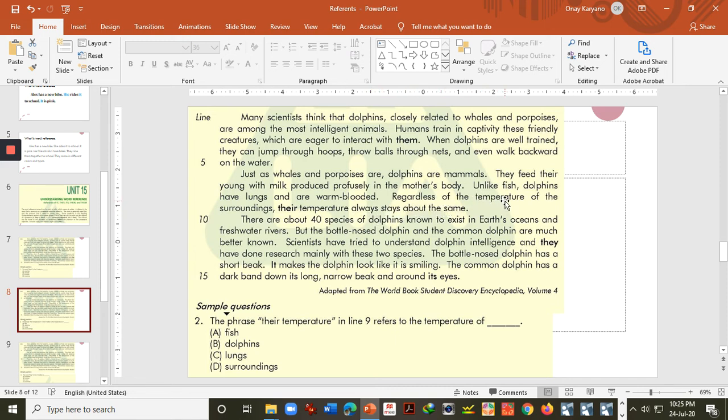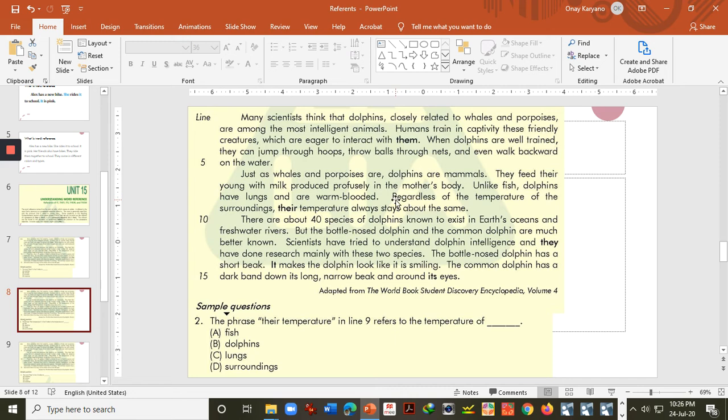Ini nounnya baru ada temperatures and then ada surroundings. Oke, tapi dari kalimat ini semacam ada opposition, regardless. Oke, berarti ini pembanding dengan temperatures of the surroundings.